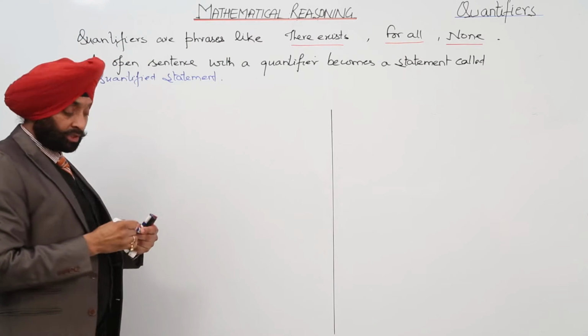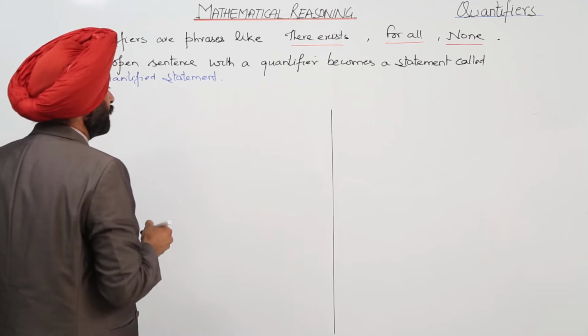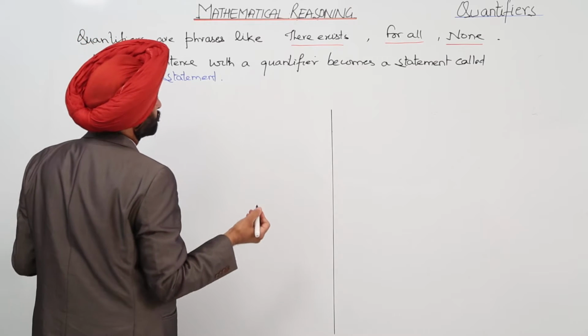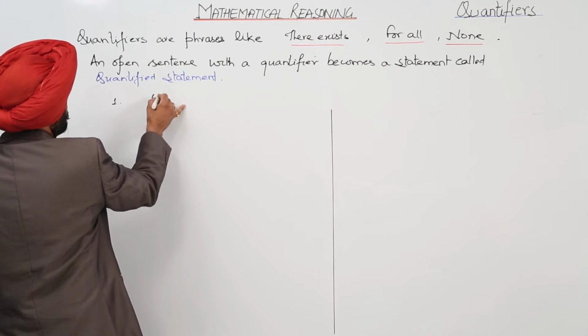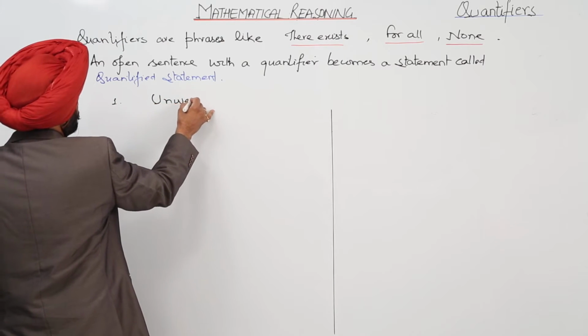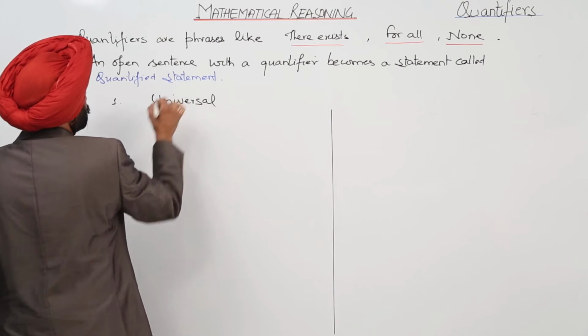Now let us categorize it. We have two types of quantified statements. Number one is the universal quantifier.